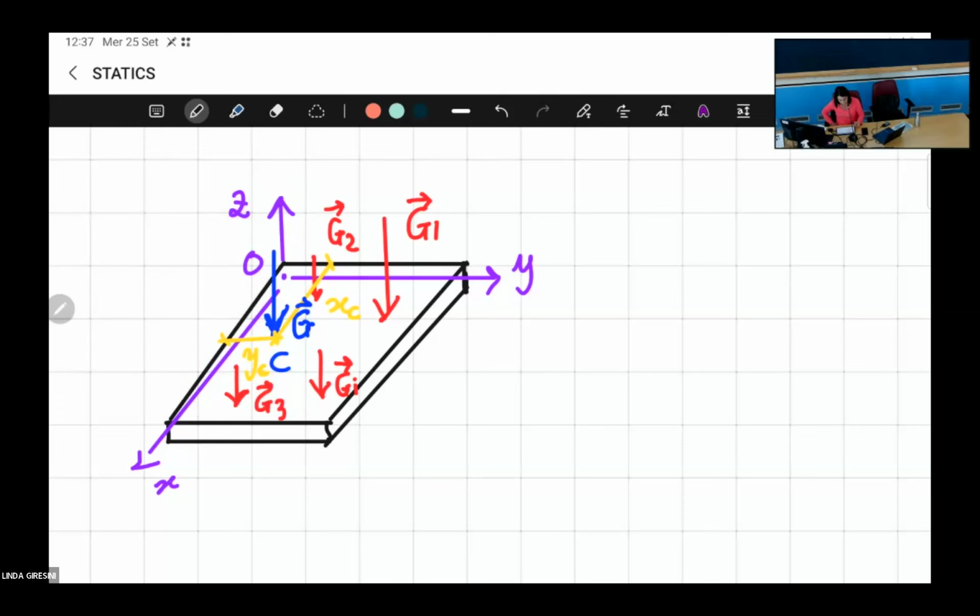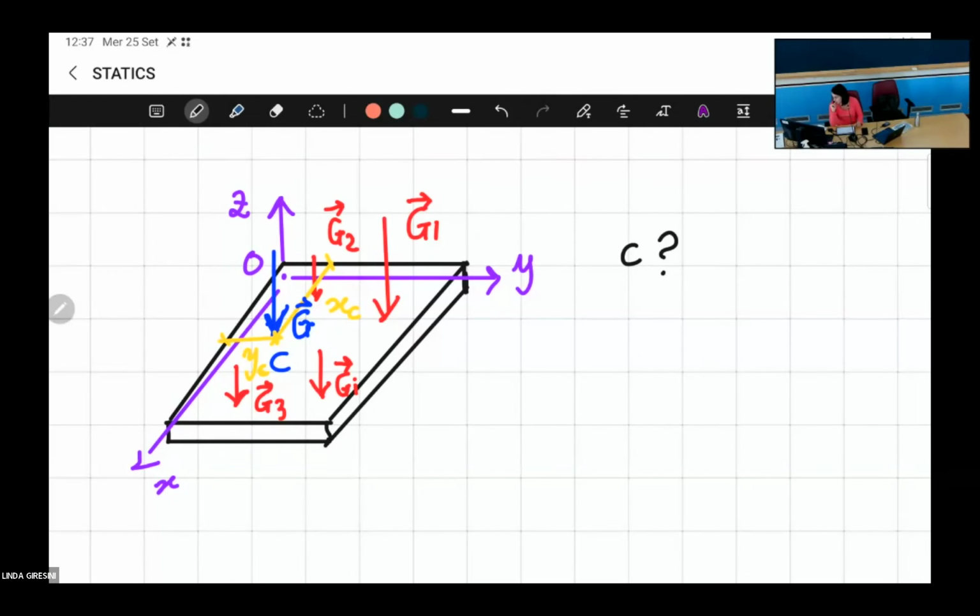So now, we want to find C. The centroid of forces is basically the point in which the resultant force can be applied without changing the effect of the single forces.